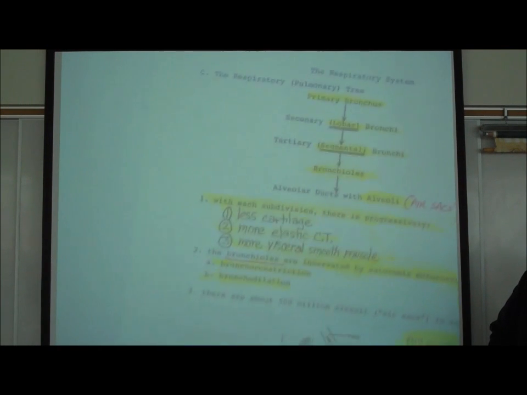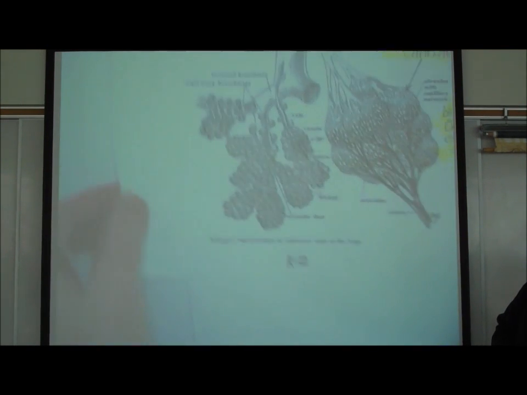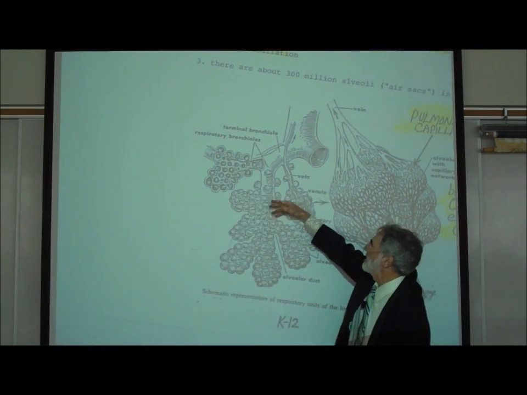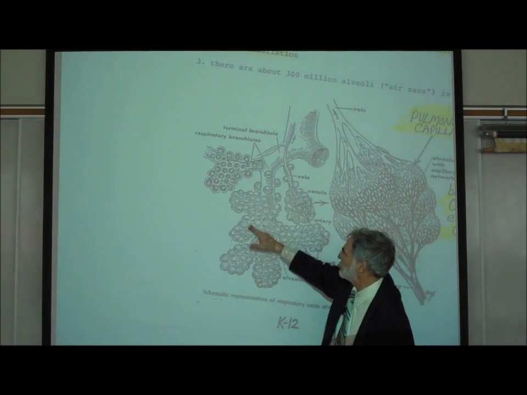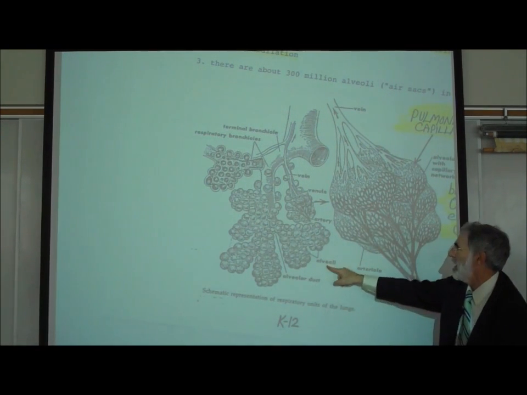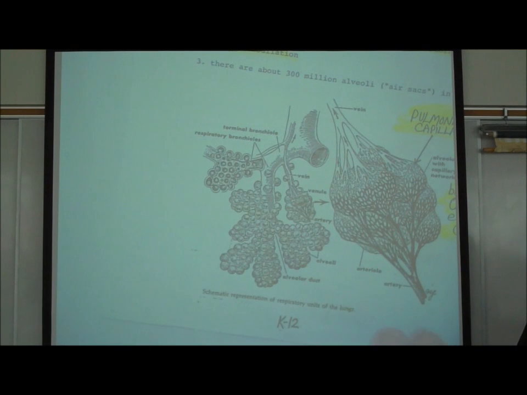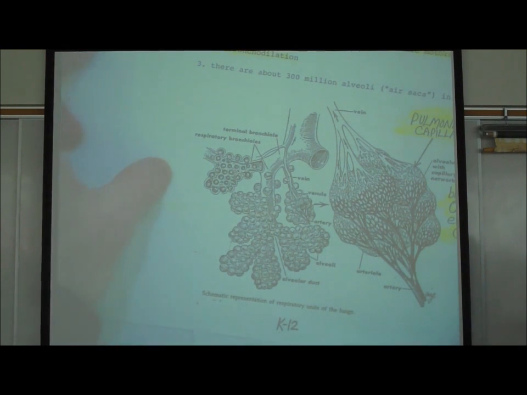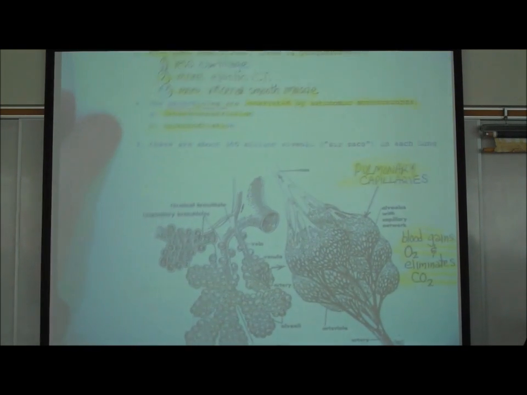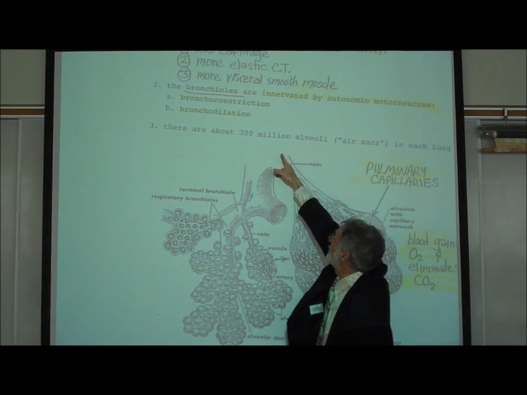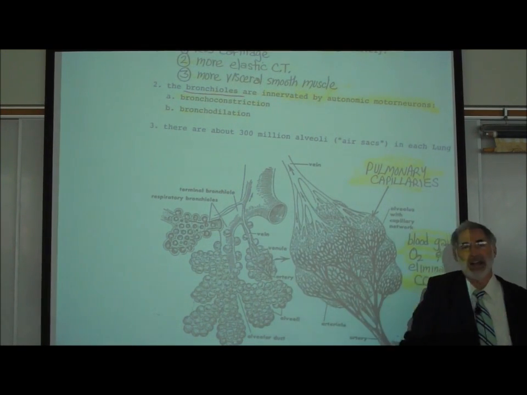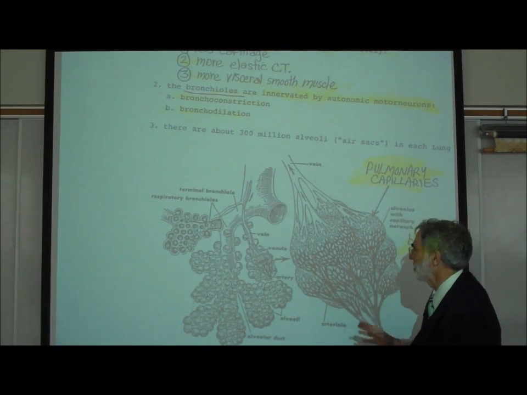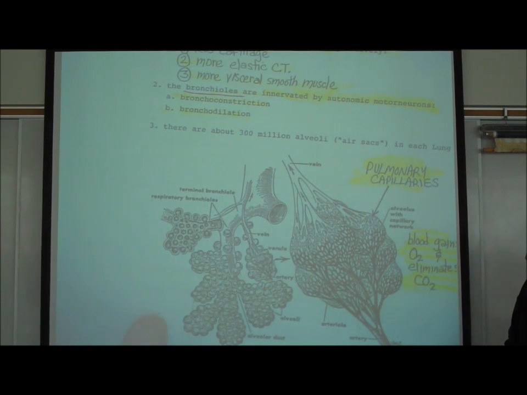We can actually see at the bottom of this page, K12, here are the alveolar ducts and these little air sacs or alveoli. Each lung has about 300 million of these alveoli, as we've indicated right here. We're not asking you to memorize that number, but there are about 300 million little air sacs in each lung.